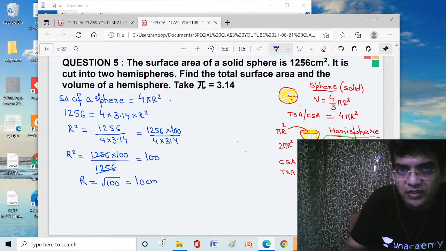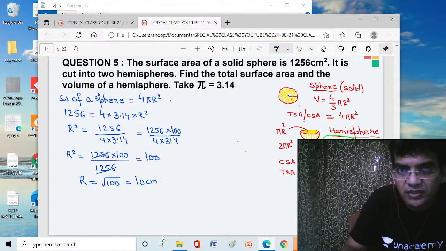3 into, in place of pi, we have to put 3.14 into r square, that will be 10 square. So when you multiply, 3 4s are 12, carry over 1, 3 1s are 3 and 4. So it gives us 9.42 into 10 square, that is 100.